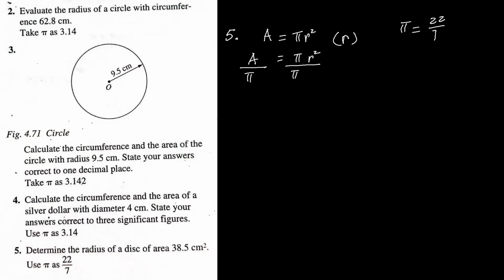And since pi is close by, I have to remove it because I want to isolate R squared by itself, because I'm finding for R. Is that a good answer? What do you think of that answer, Sienna?